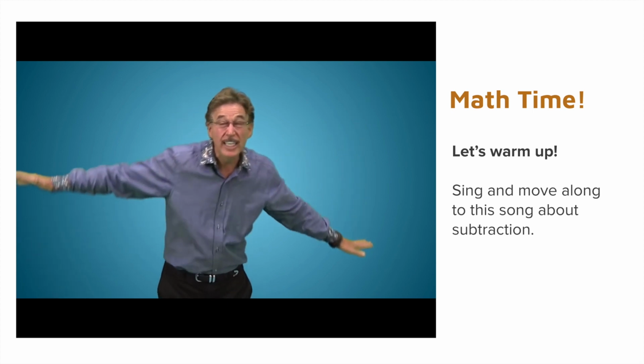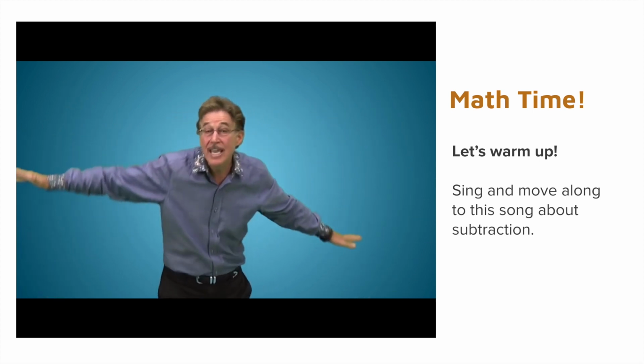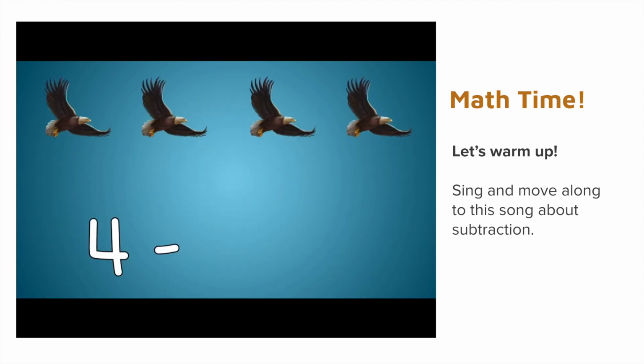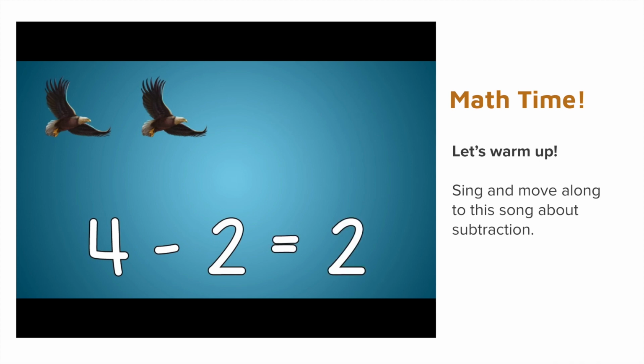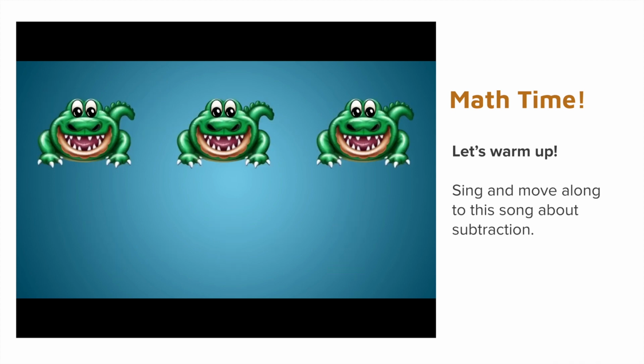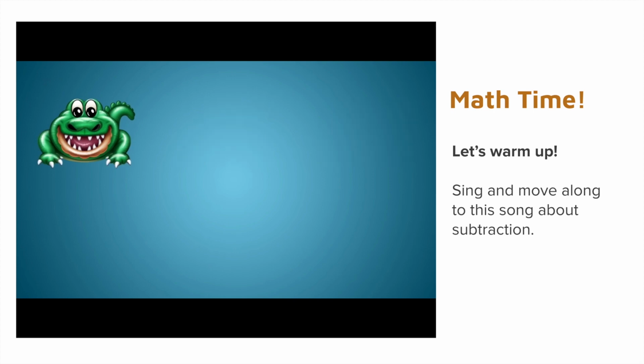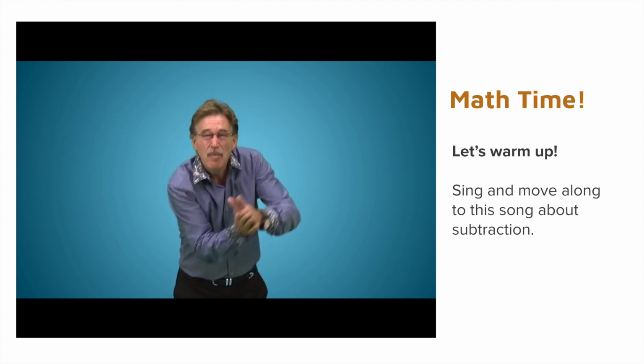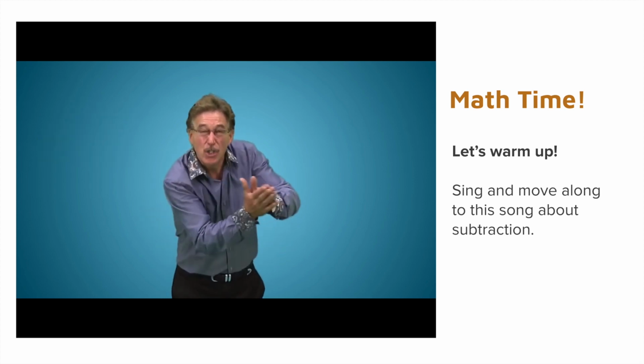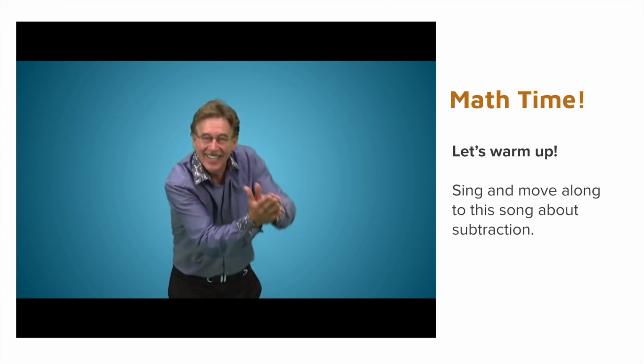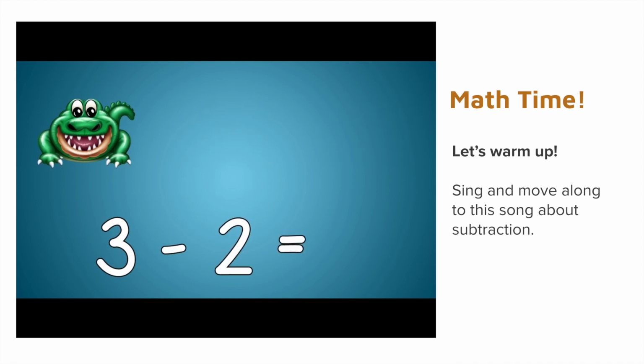How many bald eagles are gliding through the air? 4 minus 2 equals 2. 3 alligators are swimming in the lake. 2 alligators go on the grass and take a break. How many alligators are swimming in the lake? 3 minus 2 equals 1.